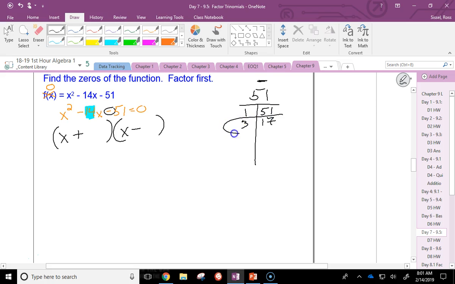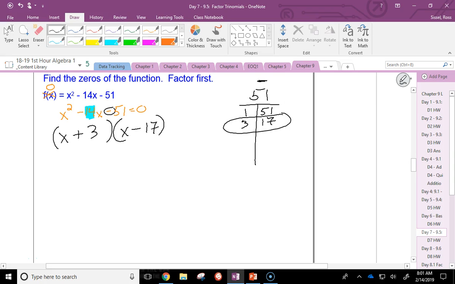Is that the only one? Well, that one works. The difference, the absolute value between 3 and 17 is 14. Which one is the positive number? 3 is the positive. 17 is your negative. Oh, yeah, it's negative. Remember, the reason, okay, so hold on.